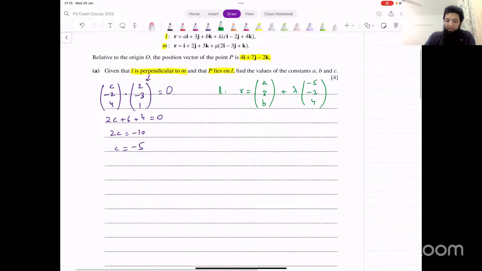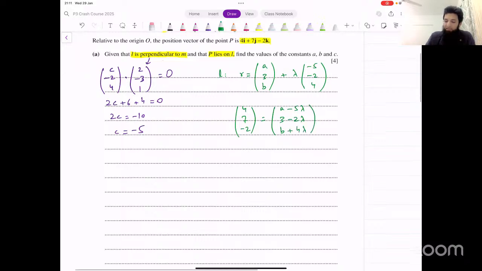If P lies on the line L, if we were to input the point P in place of r, this equation should be satisfied. So let's do that. Let's put P in place of r, the position vector of P that is (4, 7, -2). It should satisfy this equation. On the right side, we have A minus 5 lambda, 3 minus 2 lambda, B plus 4 lambda.